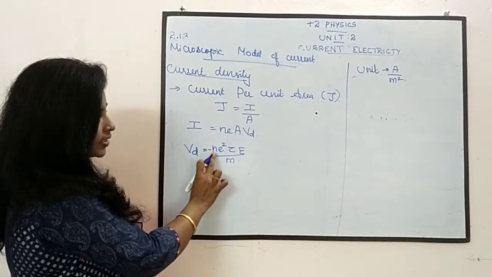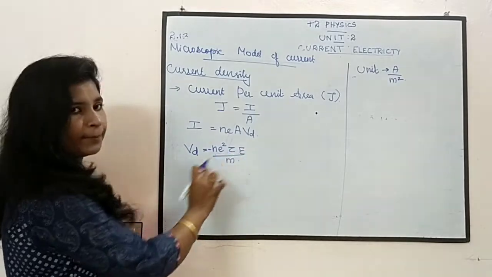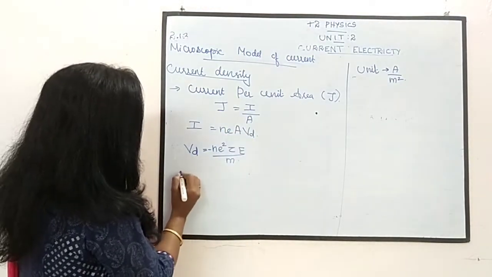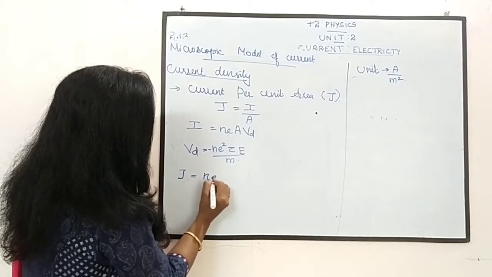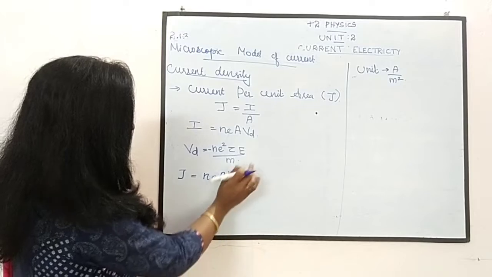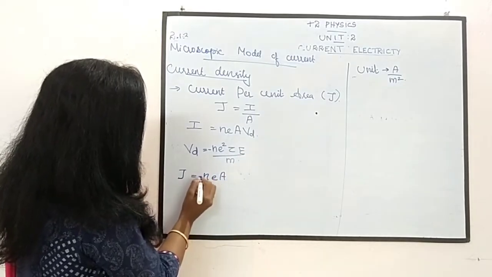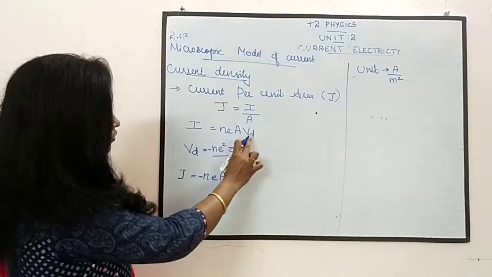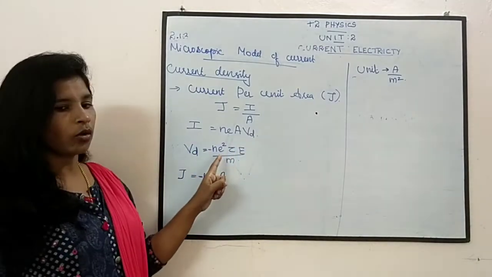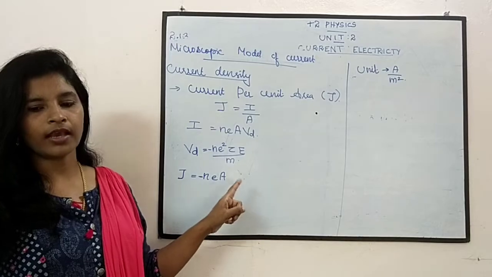It is minus NE square tau by m into E. That we have derived already. So substitute both these values. We will get J equal to NEAvd divided by A. So what is the value of vd? It is minus NE square tau by m into E. Okay. So substitute.